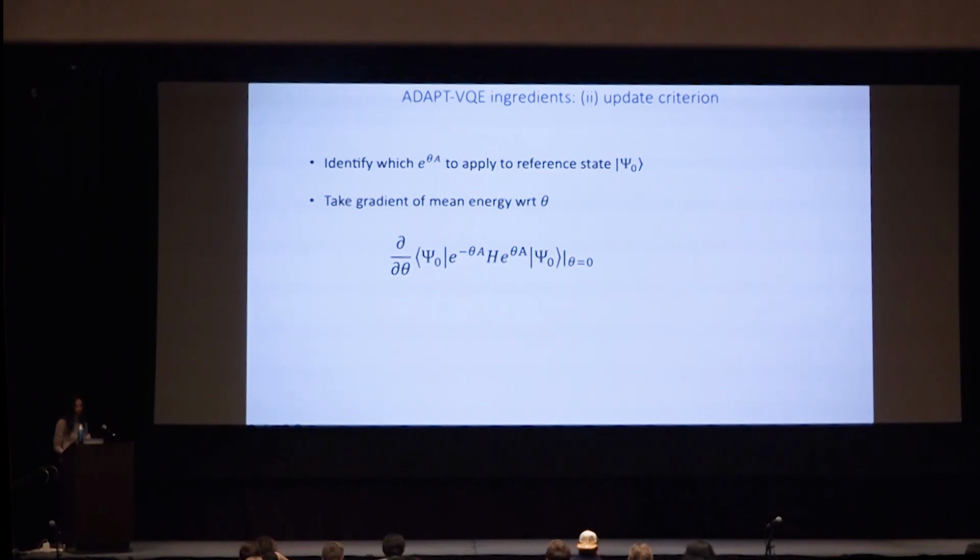And what's nice if you do that is that you can show quite simply that this is the same as the mean value of the commutator of the Hamiltonian with that particular candidate operator, which in turn is something you can measure on the hardware. So you're making measurements on the hardware that are telling you how to grow your ansatz next.